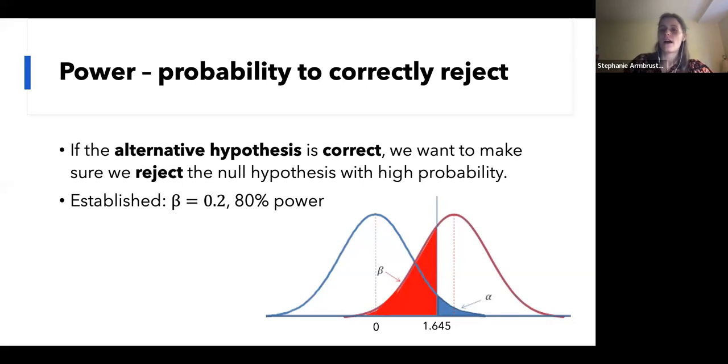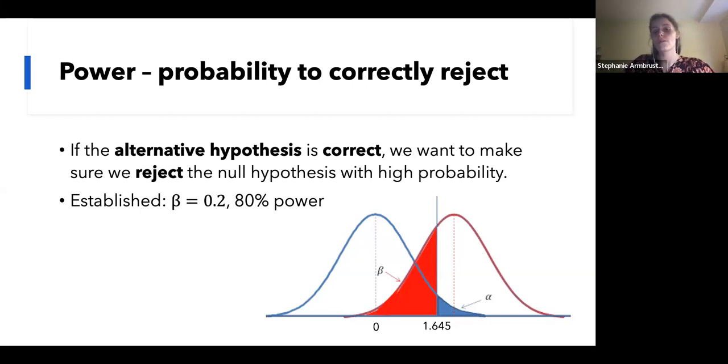Because if our alternative hypothesis is true, we want to make sure that we decide for it, and in order to decide for it, we need to reject the null hypothesis, and that's where power comes in.